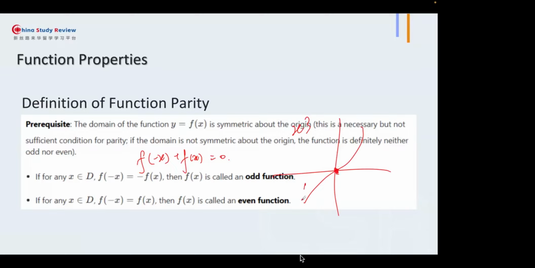But for your even function, you will have it symmetric around your y-axis, right? So firstly, you need to determine what an odd function is and what an even function is. Secondly, you need to determine them with some specific value, how to use those ideas and theory to help you calculate the values of those functions at some specific point. Okay.